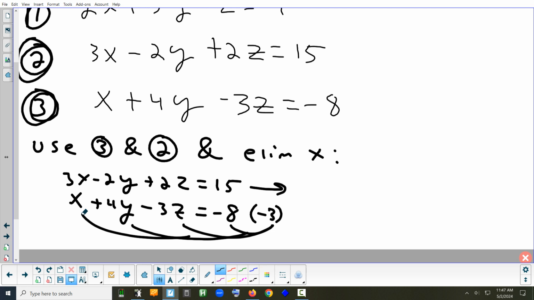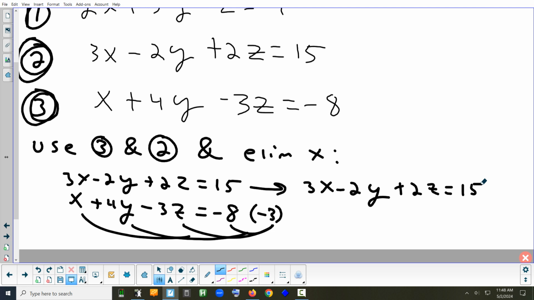What are we multiplying that by? We just leave it, right? We're not really multiplying the top one by anything. Okay, we're just going to leave it. So 3x minus 2y plus 2z equals 15.